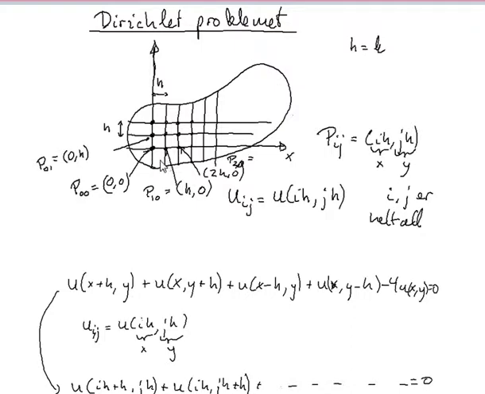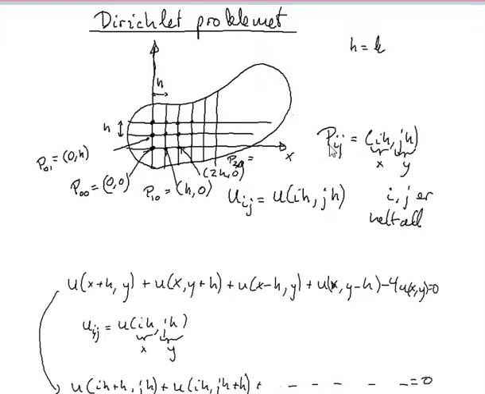So we are now considering points ih and jh, where i and j are integers. This is the x parameter and this is the y parameter. For example, here we have P_ij referring to these two indices i and j.